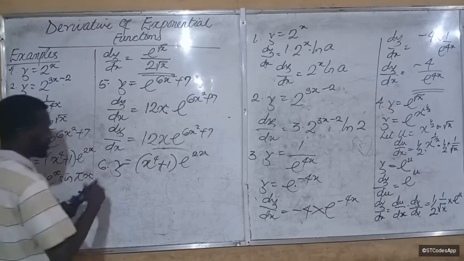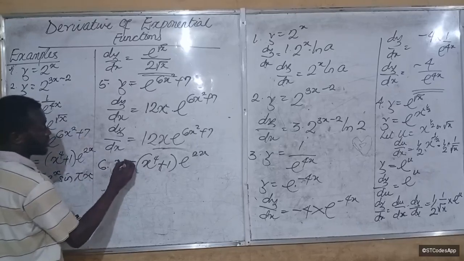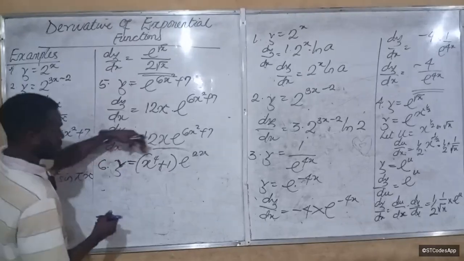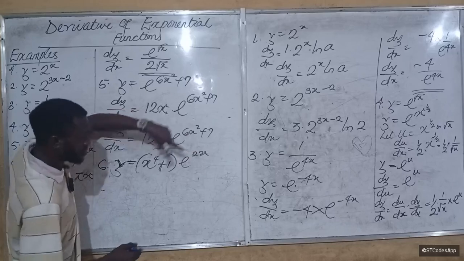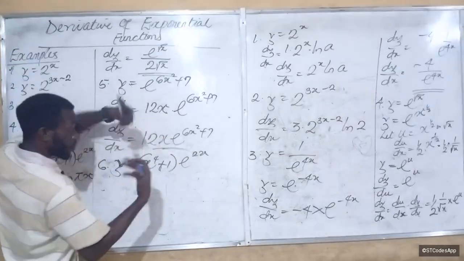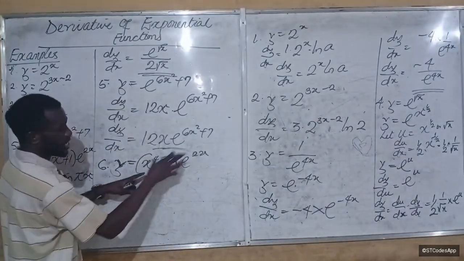If you don't understand, you should see my video on the product rule. So hold this and differentiate this, or differentiate this first and hold this, either way you want to do it. So I will hold this and differentiate this.